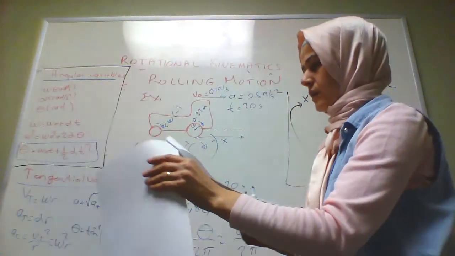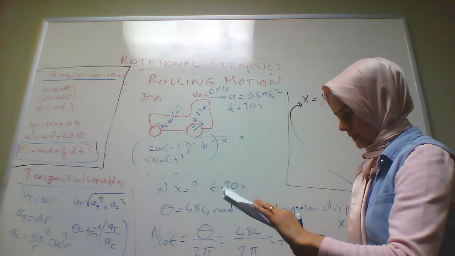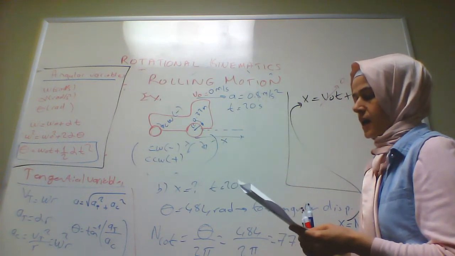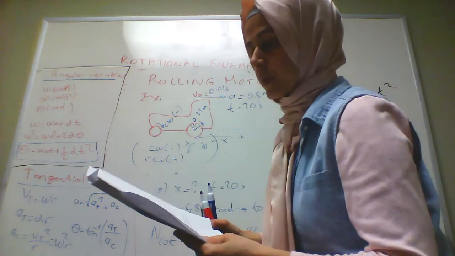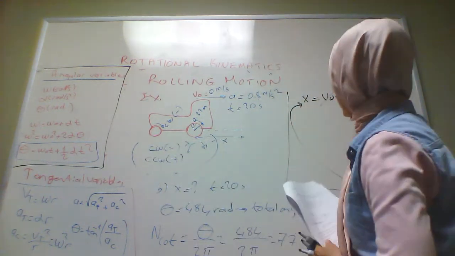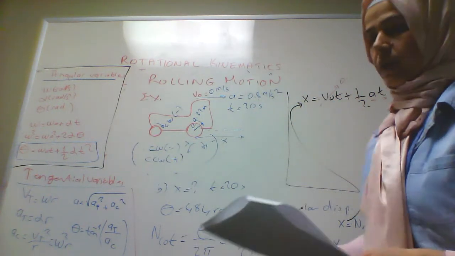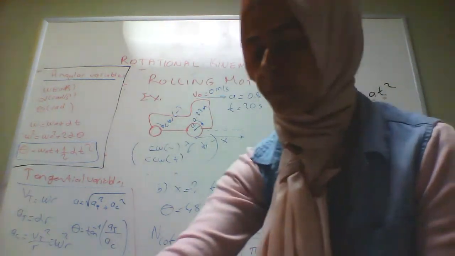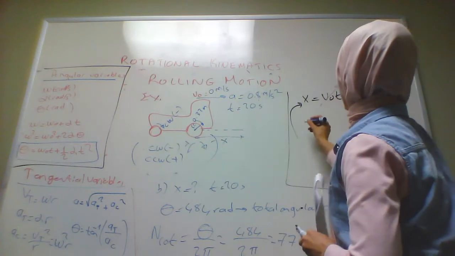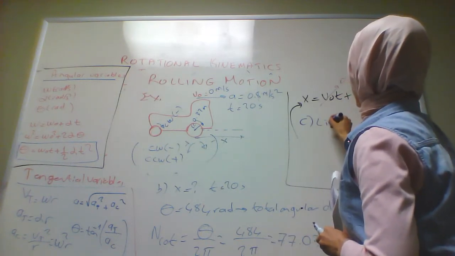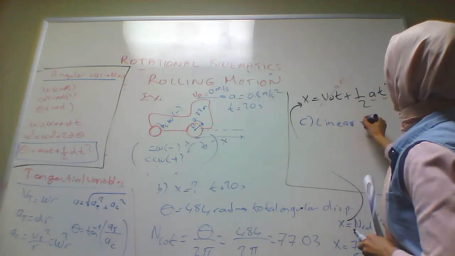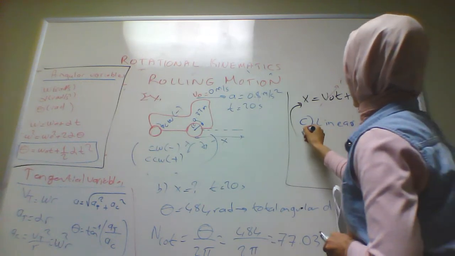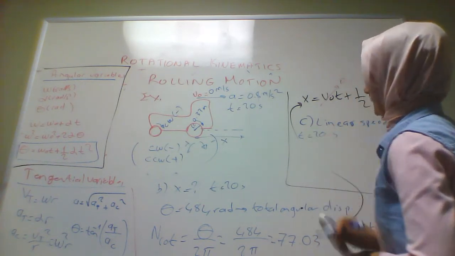Let me see what the question was asking for C. What is the linear speed of the car relative to the ground after 20 seconds, right? So solve x for that, and for C, find the linear speed after 20 seconds have passed.